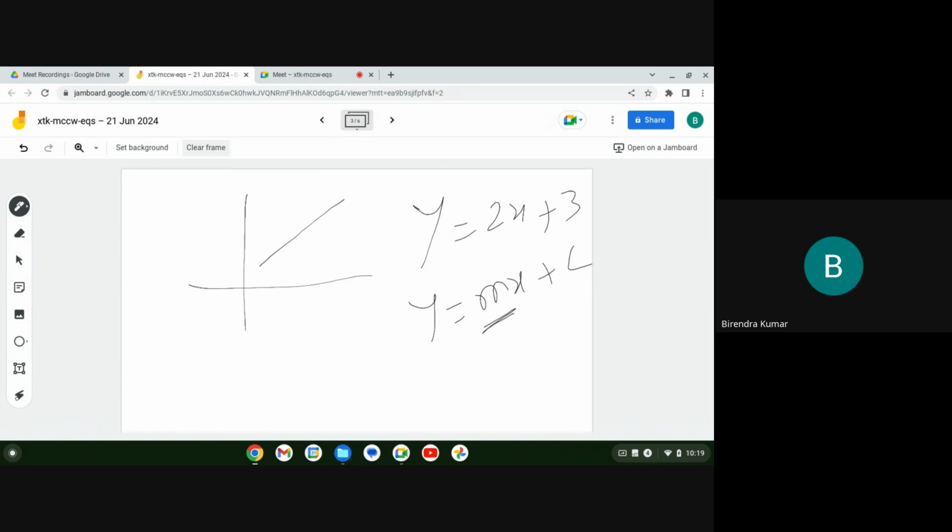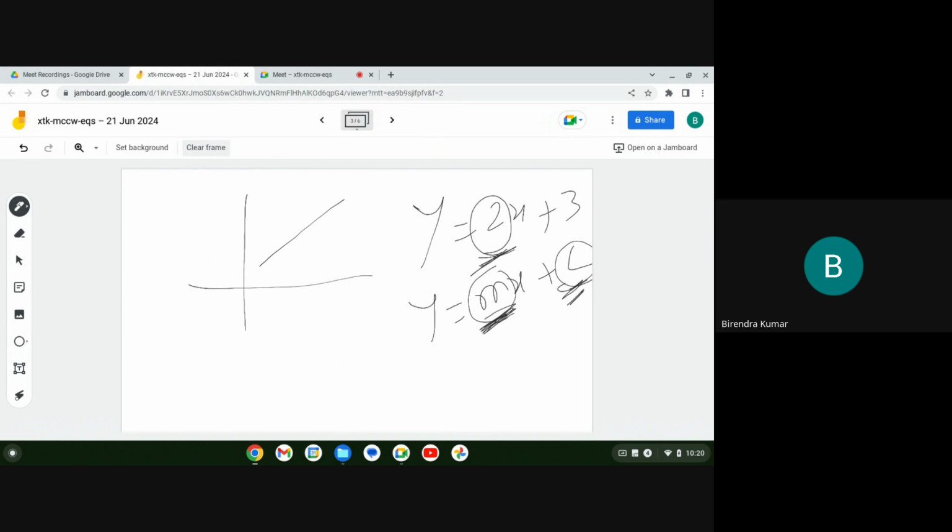This is my slope and this is my intercept on the y-axis, meaning where this line will touch the y-axis. So here 2 is the slope, m is nothing but the slope. This is the intercept, this is the slope. You can relate it this way.